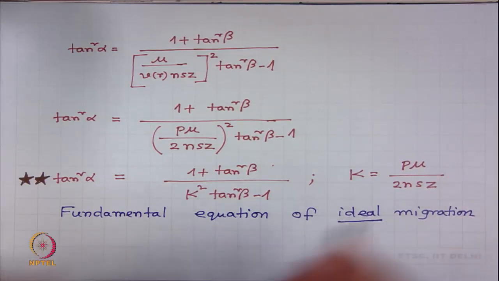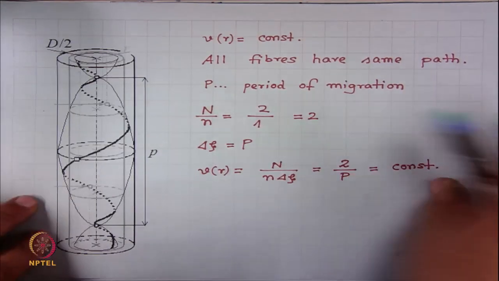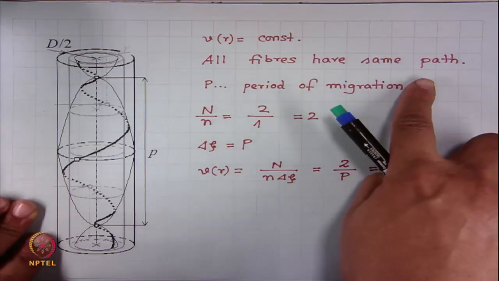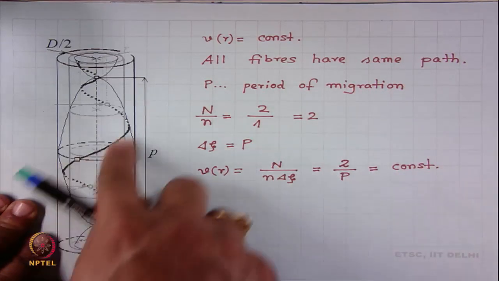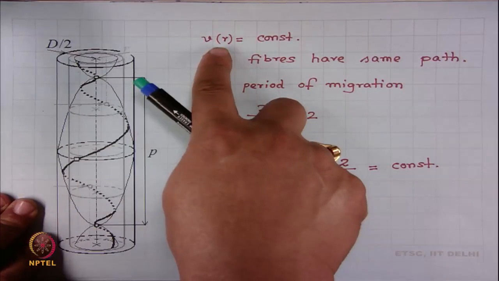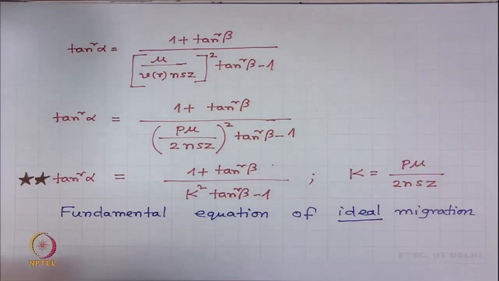Because of fiber path. We have idealized a fiber path. All fibers have same path. So, the fiber path is ideal and it will intersect with same frequency, then only nu r will be constant. So, the fiber path is idealized in Taylor's model, and this is the fundamental equation of ideal migration.